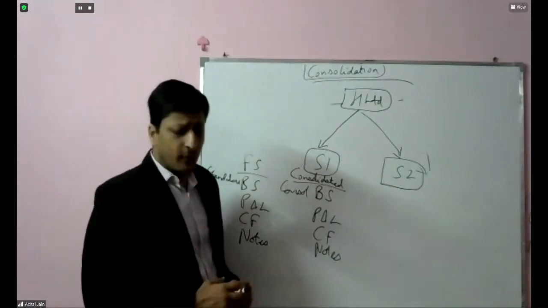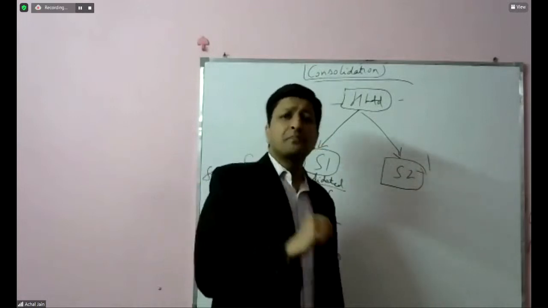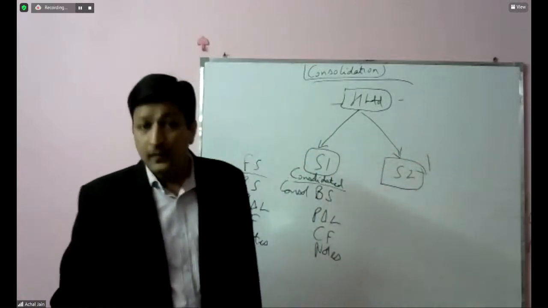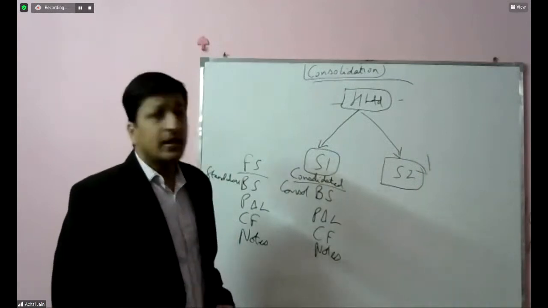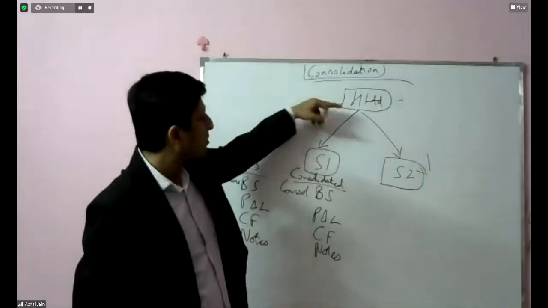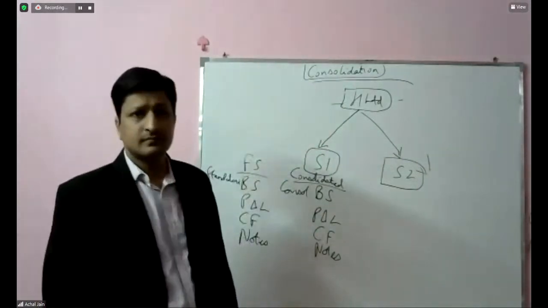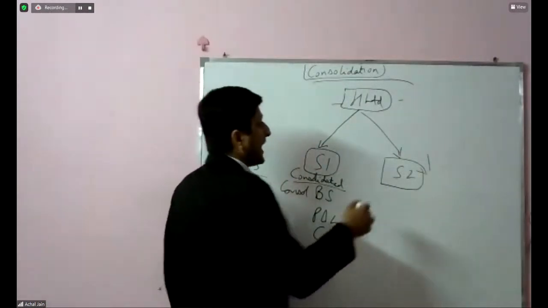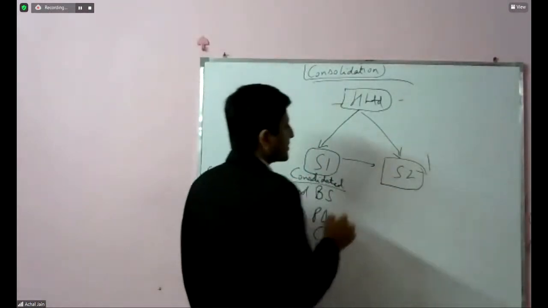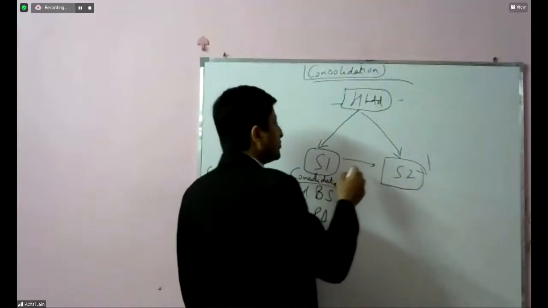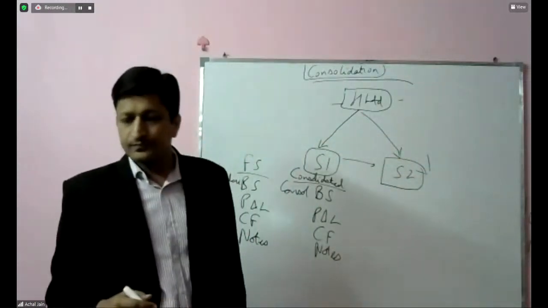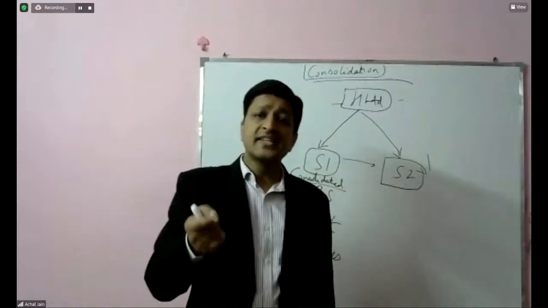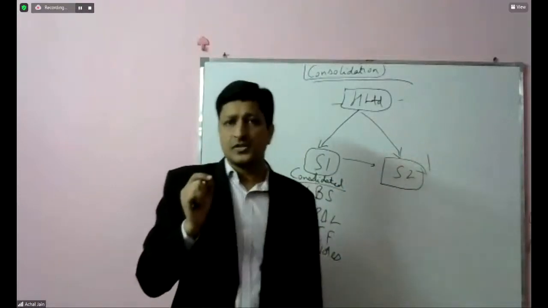Now, applying the same principle, the one we just discussed for branches, let's suppose H Limited has got some transactions with S1, and S1 has got some transactions with S2. S2 has also got some transactions with H.